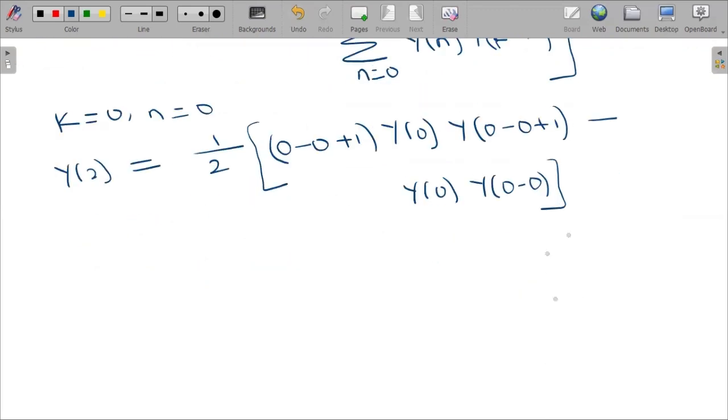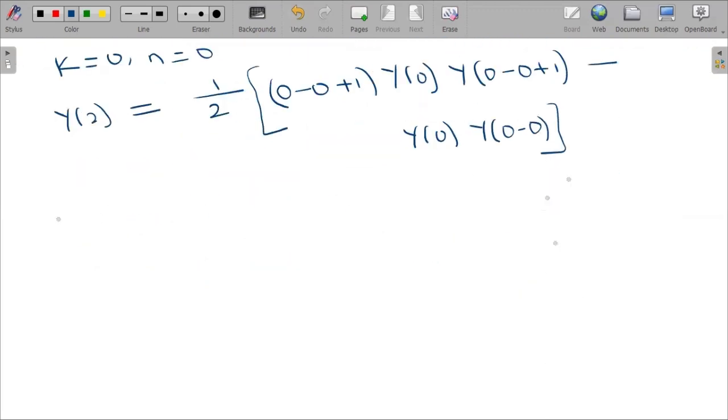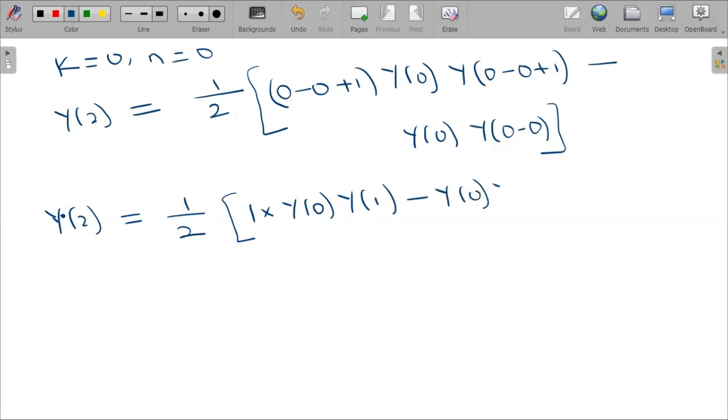This gives us Y(2) equal to one half times (1 multiplied by Y(0) Y(1) minus Y(0) Y(0)). If we simplify this, we discover that our Y(2) is equal to 0.